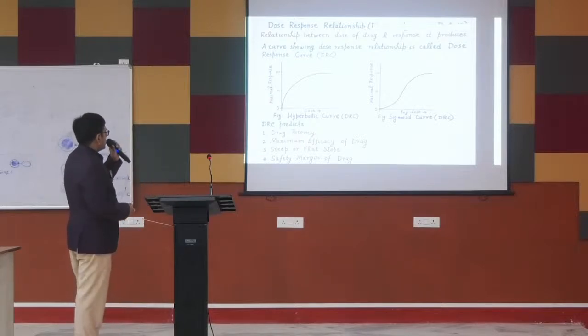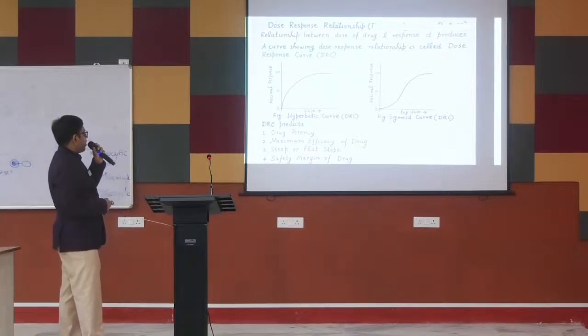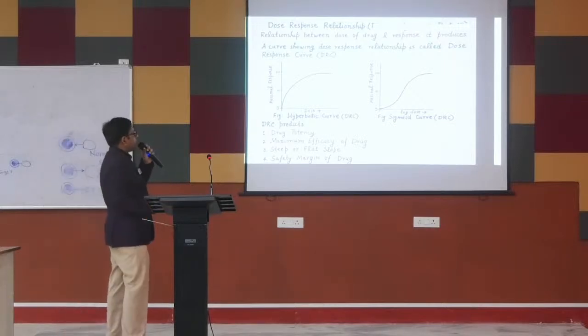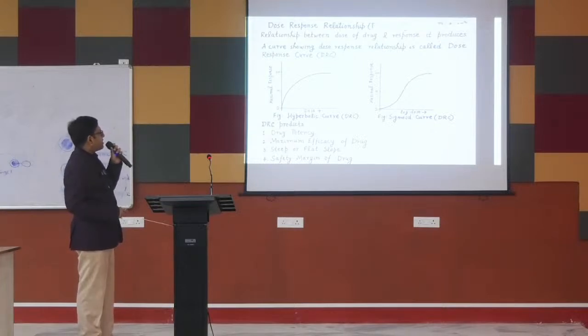But before that, instead of taking the dose of the drug, if you plot log dose of the drug against response, then this dose response curve becomes a log dose response curve. And the shape of the curve from a hyperbola becomes sigmoid shaped. When it becomes sigmoid shaped, within a small area, a lot of readings can be taken. A lot of values can be plotted.